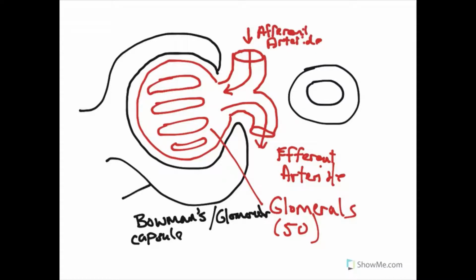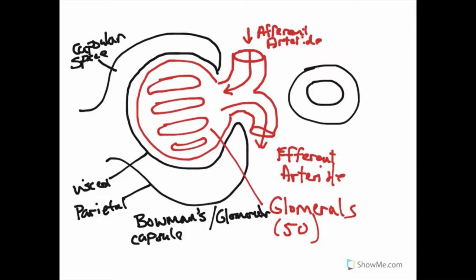There is a parietal layer, and there is a visceral layer as well that makes this up. Inside, between the two, the space here is called the capsular space. And the capsular space is going to collect that filtrate.